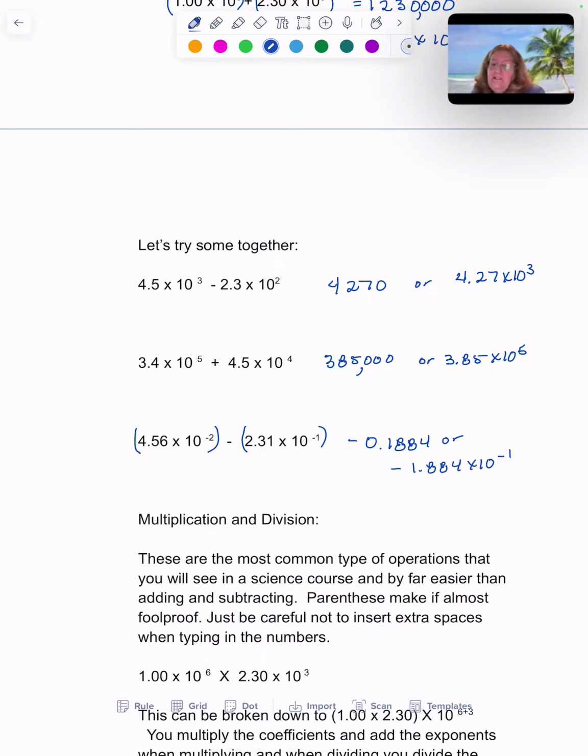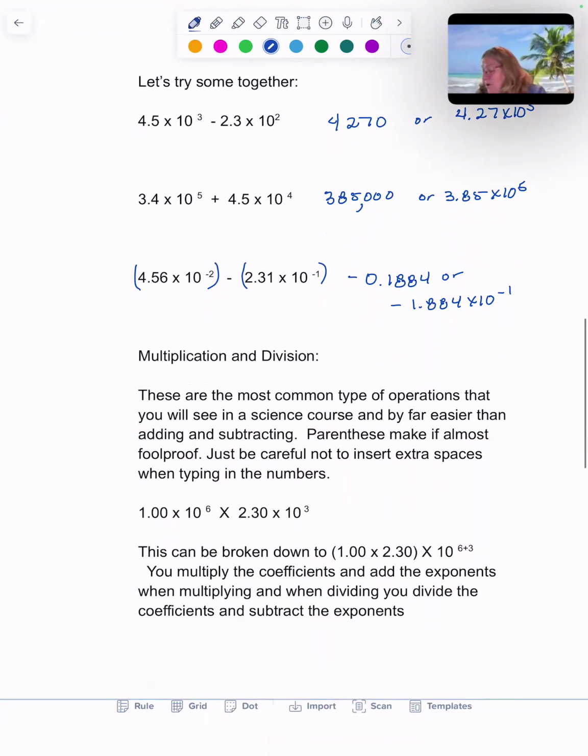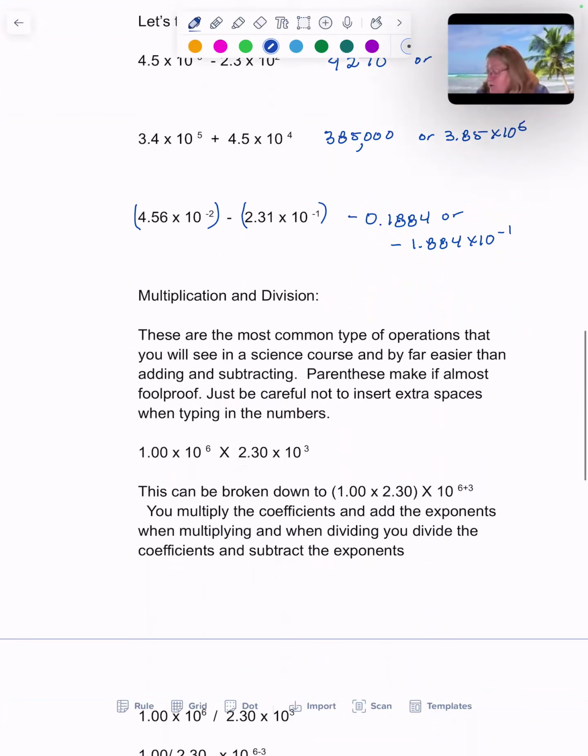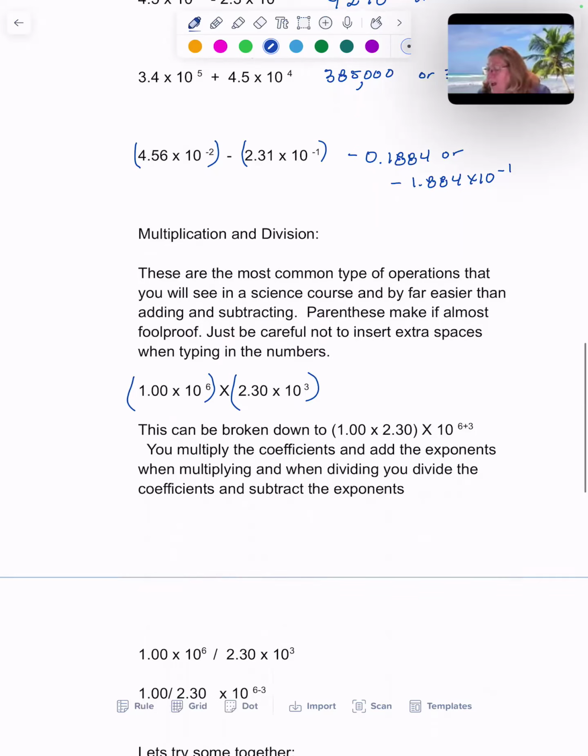Adding and subtracting are much harder than multiplication and dividing. And these are the more common operations you're going to see in a science course. And they're far easier. And parentheses make them almost foolproof. And the nice thing is these can also be broken down. We've got 1.00 times 2.30.